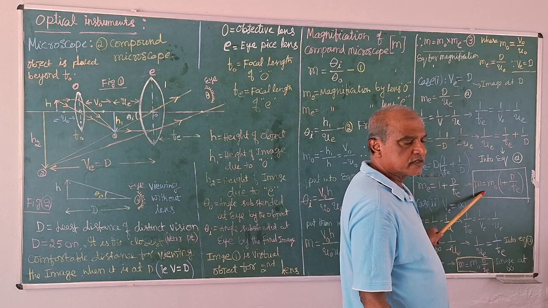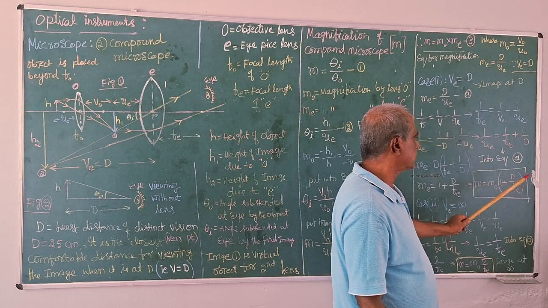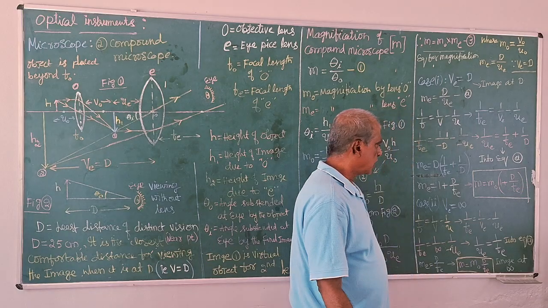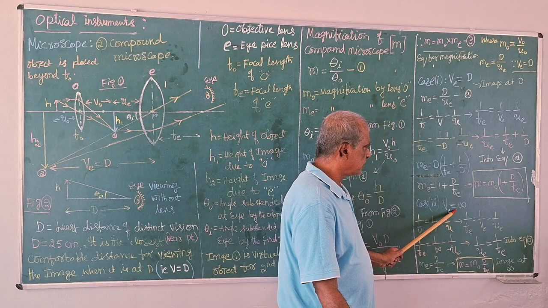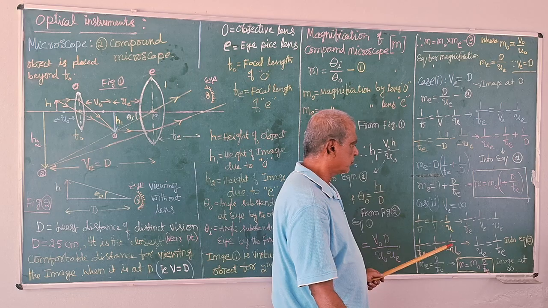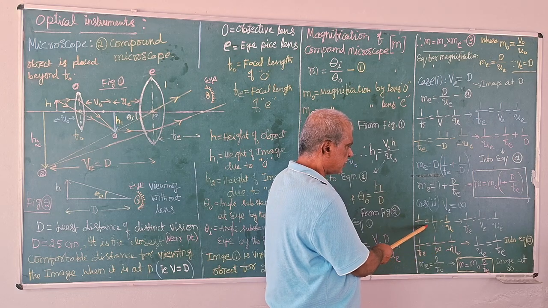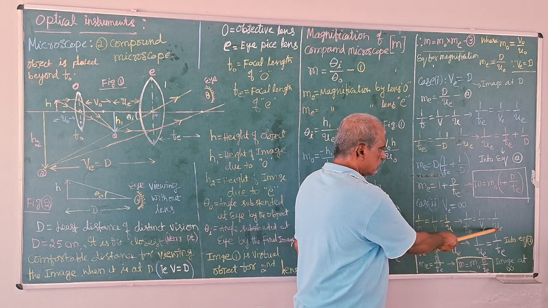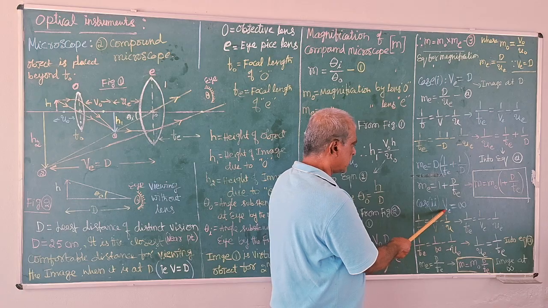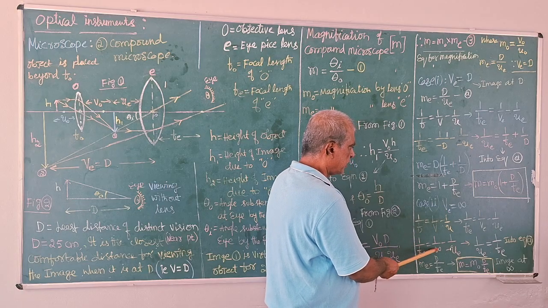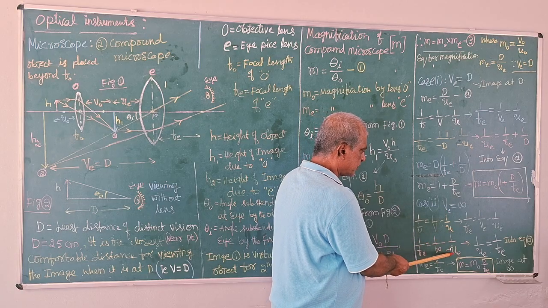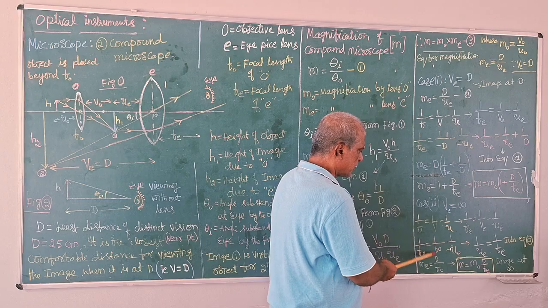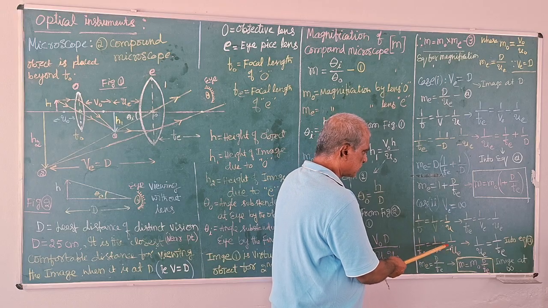When the image distance is at the near point, it is d. And let us check for the image at infinity. Apply the same equation. This is the equation for the eyepiece lens, and substitute for this. v is equal to infinity and u is equal to minus u. Simplify, it becomes 0, 1 by infinity. This becomes plus.